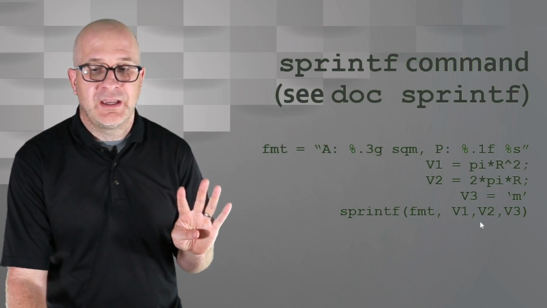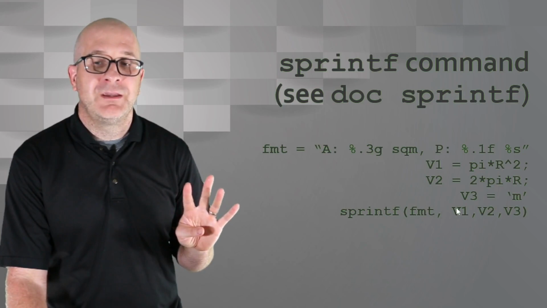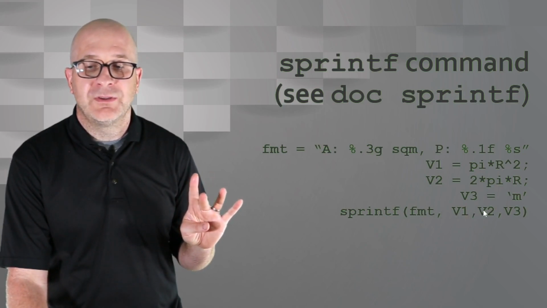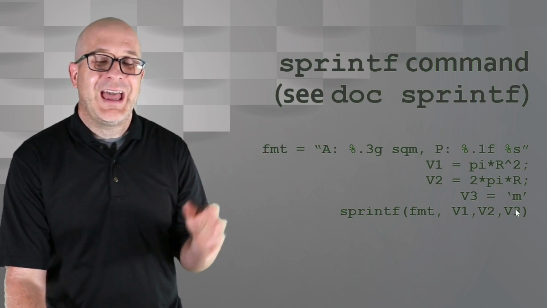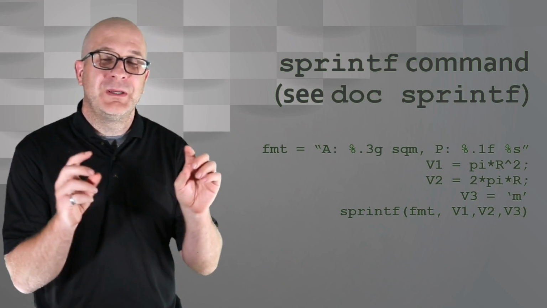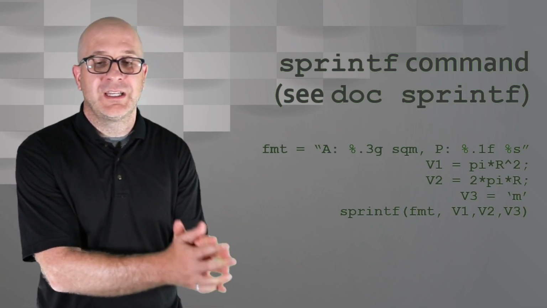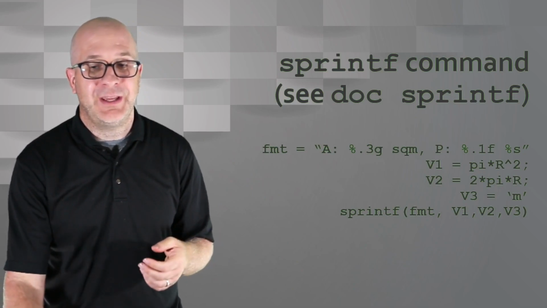It's going to take a fmt as an input, that's a variable. It's going to take v1 as an input, v2 as an input, and v3 as an input. So it takes 4 inputs, and the output from this process is going to be a print to screen in a formatted manner. And we're going to see that as the example today.